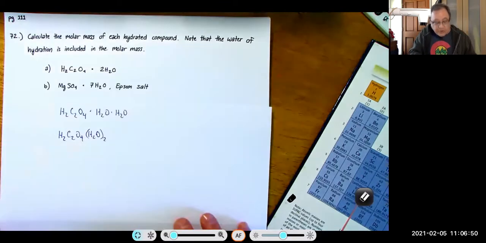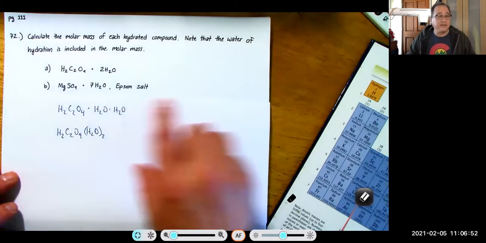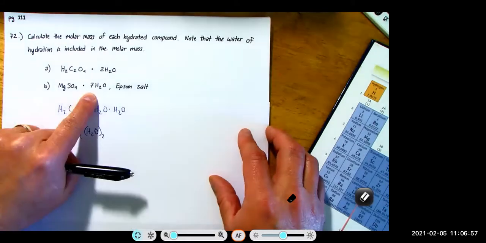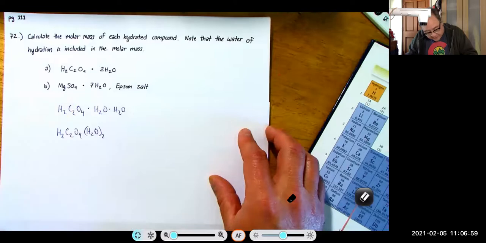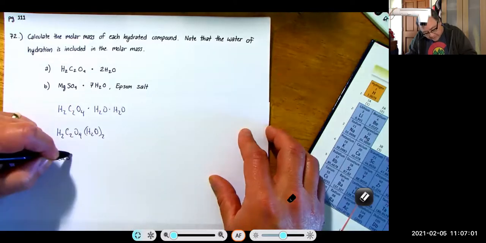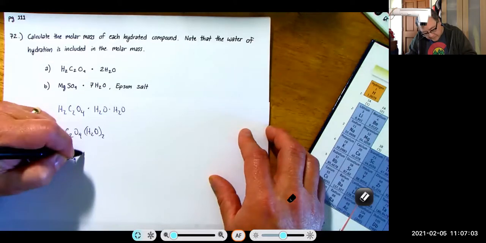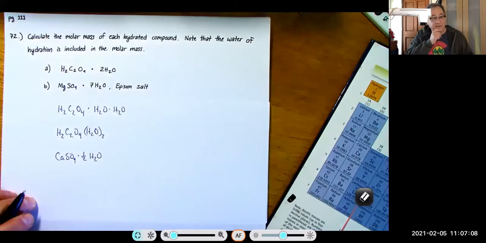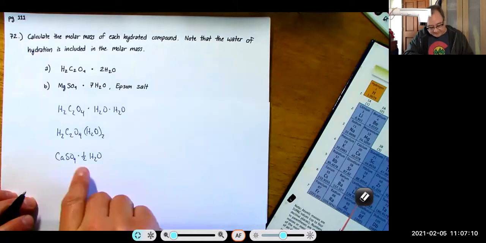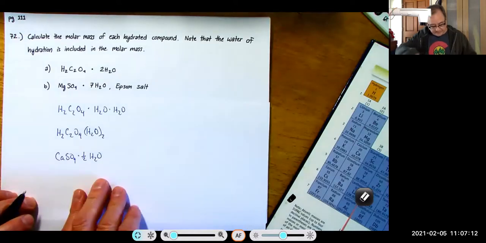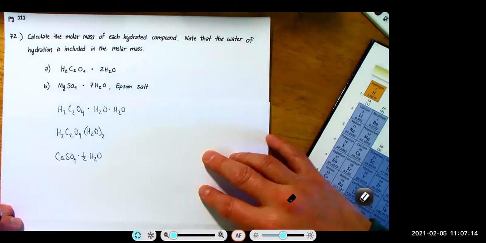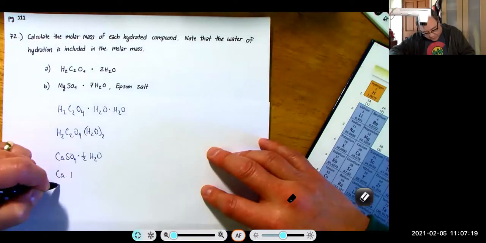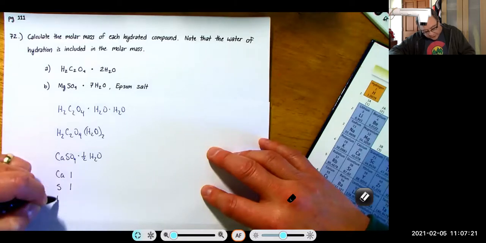So how many H2Os are in this formula? 7. Right. How about this one? How many H2Os here? Half. So how many calciums? 1. How many sulfurs? 1. How many hydrogens? 1.